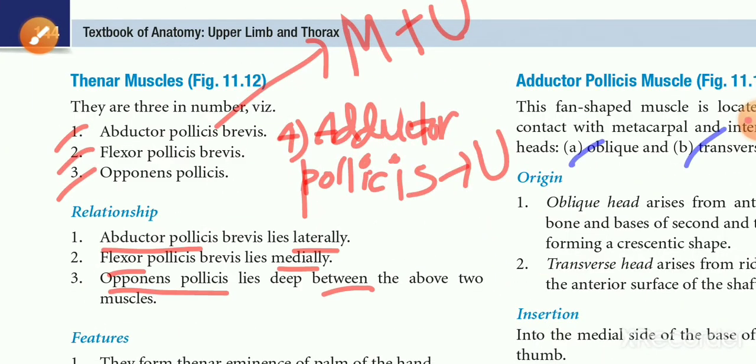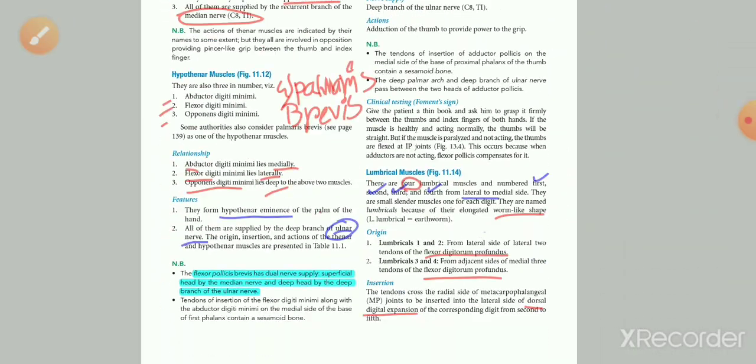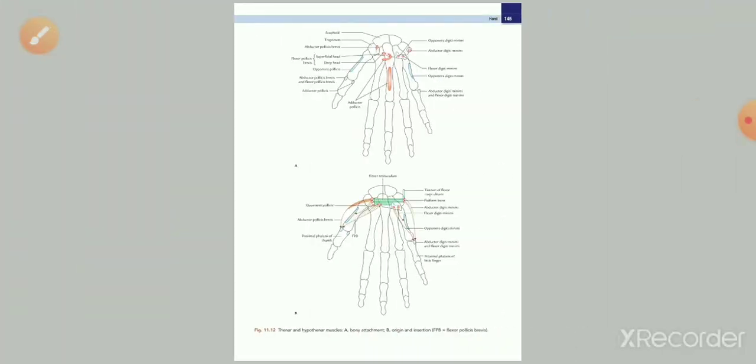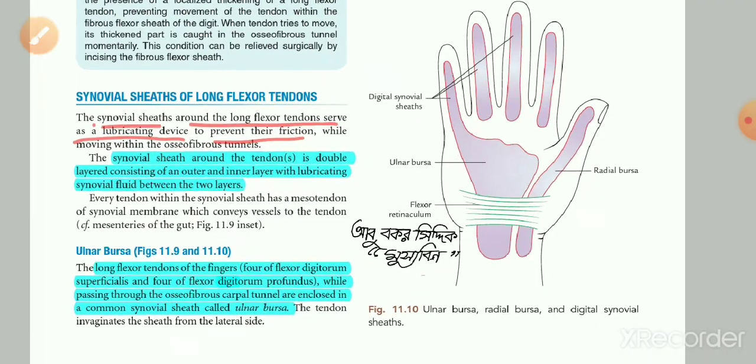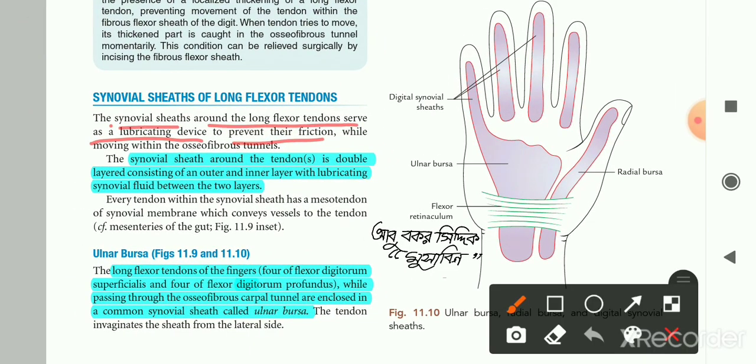Now let's move to the thenar muscles. At first, see which are the thenar muscles and which are the hypothenar muscles. Just look at the picture. The muscles located under the base of the thumb are called the thenar group of muscles, and the muscle group located under the little finger is called the hypothenar group.